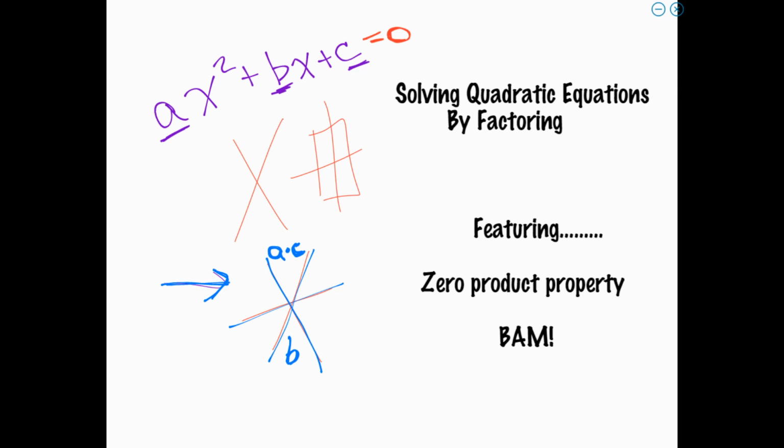What else do we need to put in our star? What am I missing that I get from my problem? I also put my A right here. These two numbers have to multiply together.